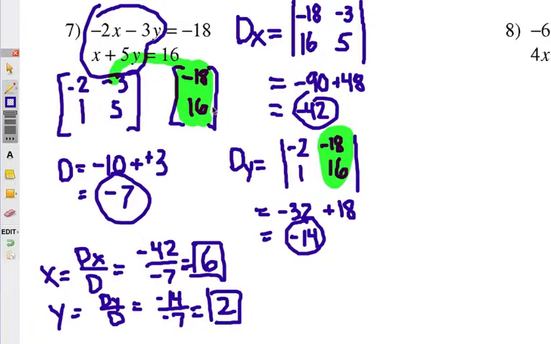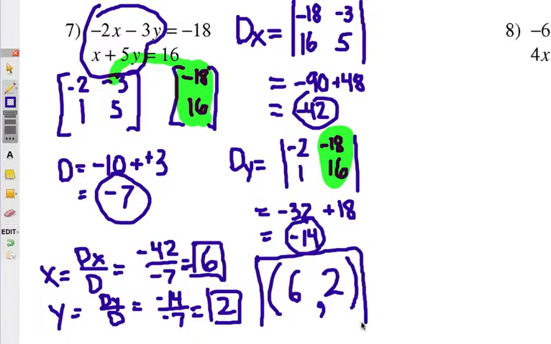Now when we solve a system of equations like this, the answer is sometimes expressed as an ordered pair. So, what's the x solution? Positive 6. What's the y solution? Positive 2. That's where the two lines would intersect on a graph.